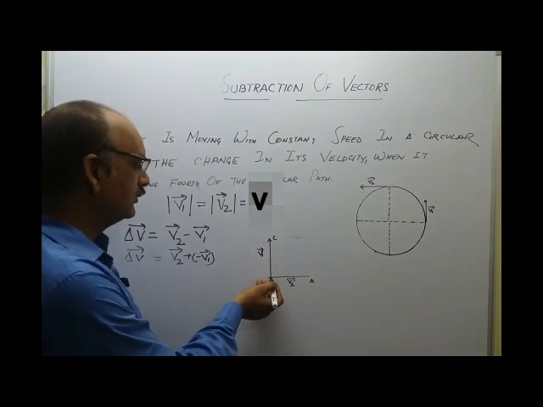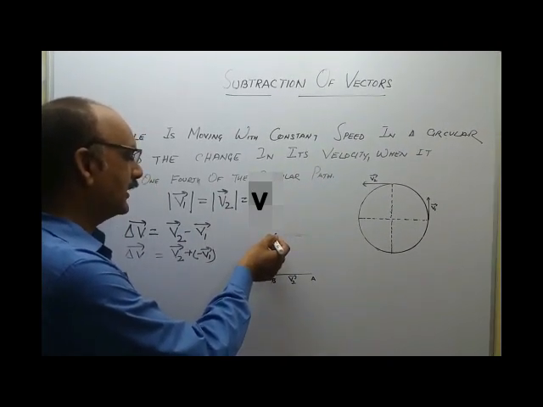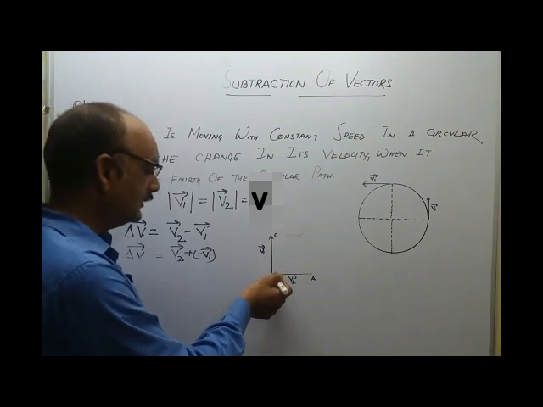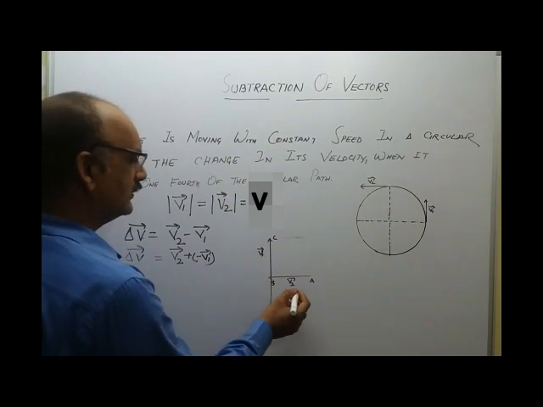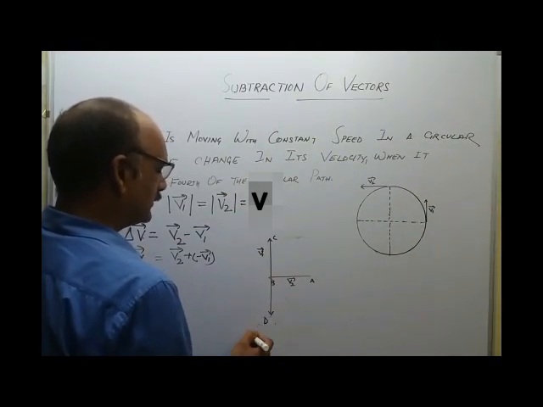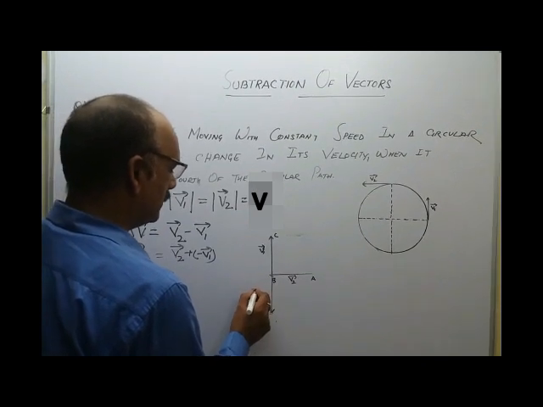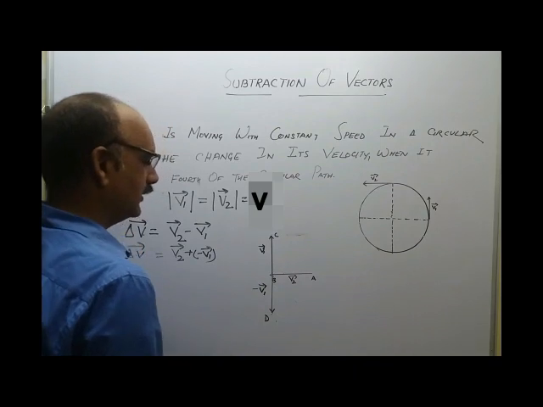We will draw a vector whose magnitude is equal to plus vector V1 but direction in opposite. This is A, this is D. This vector BD will represent minus vector V1, right?